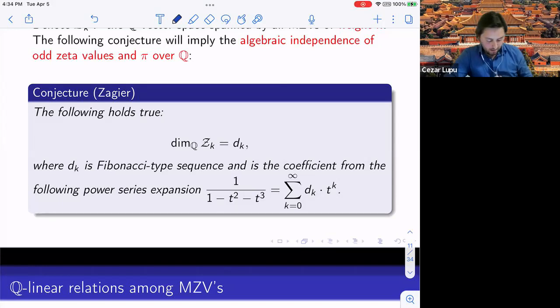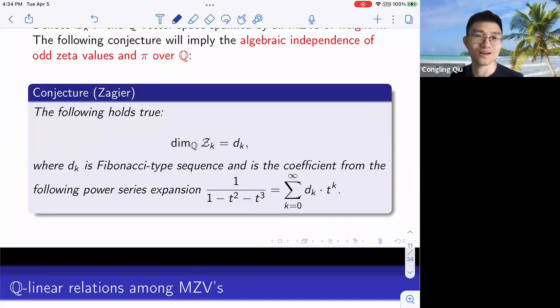In fact, there are plenty of conjectures here. For the Riemann zeta function, there is a functional equation, right? So basically, there is a question whether multiple zeta values have functional equations in the Riemann sense, and how many of them.